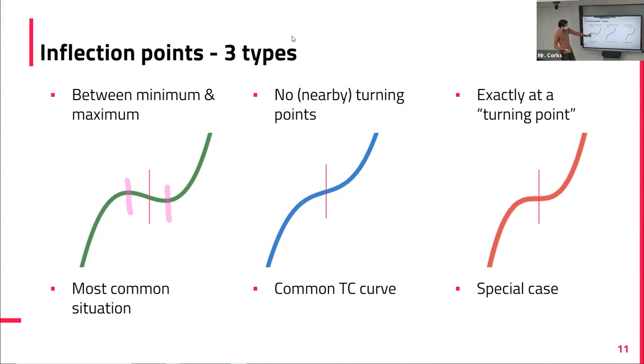So nearby turning points, no nearby turning points, or the special case where it kind of looks like a turning point, but then we realize it just goes exactly flat, but then continues in the same direction. But with each of these, we do have this curving down and then curving up.